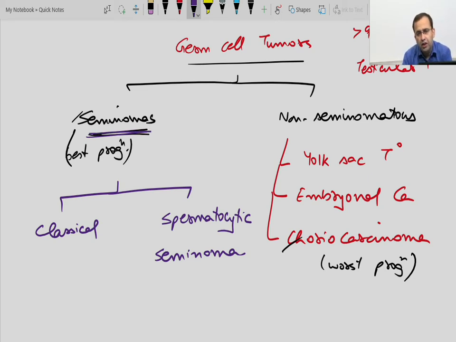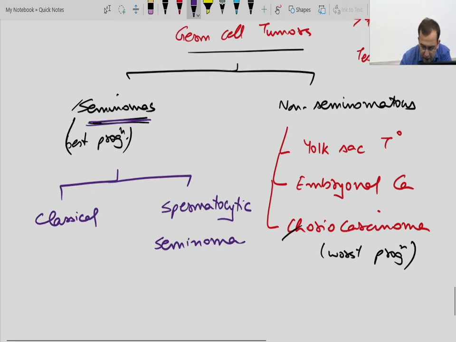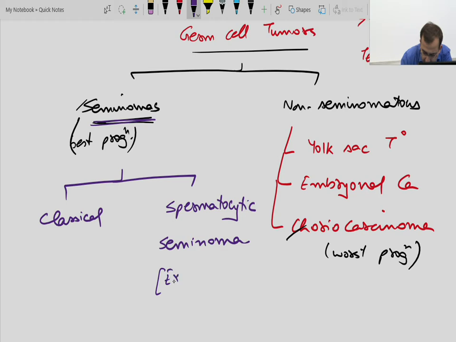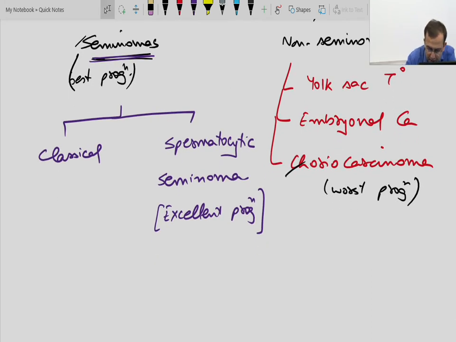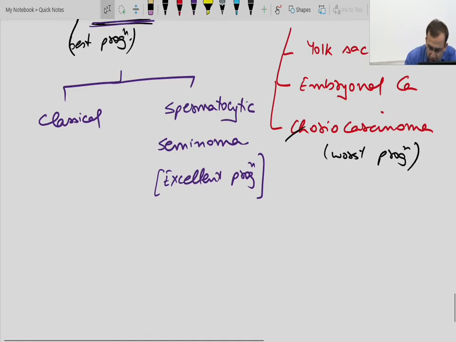So spermatocytic seminoma is a special subcategory of seminomas associated with an excellent prognosis.